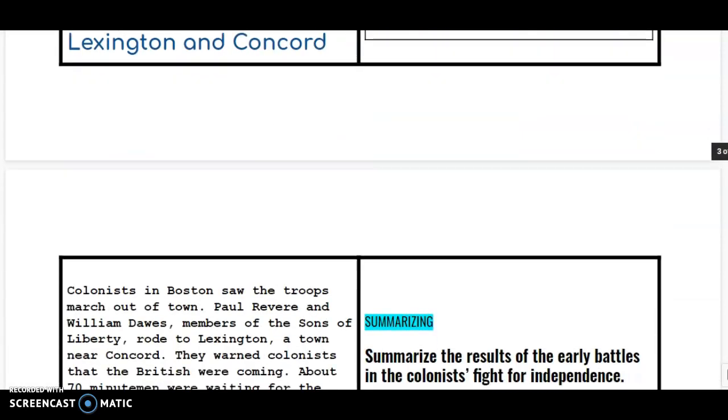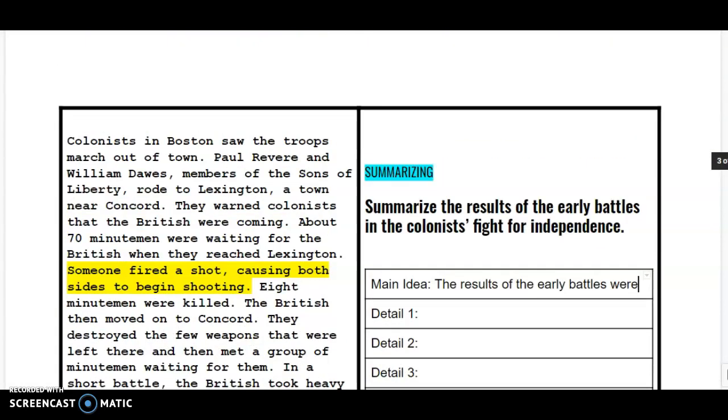All right, so how do you think that the colonists felt to have the British destroy their weapons? Colonists in Boston saw the troops march out of town. Paul Revere and William Dawes, members of the Sons of Liberty, rode to Lexington, which is a town near Concord. They warned the colonists that the British were coming.